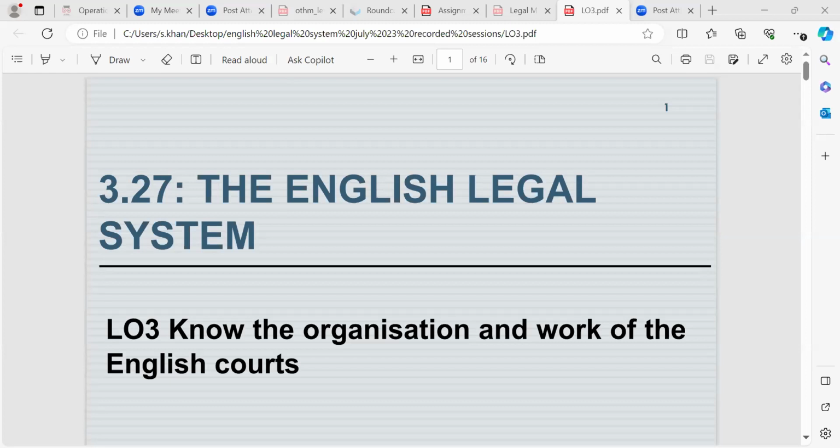We then went on to looking at intrinsic and extrinsic aids, things like Hansard and the use of statutes, and what the relevance of this is in regards to statutory interpretation.